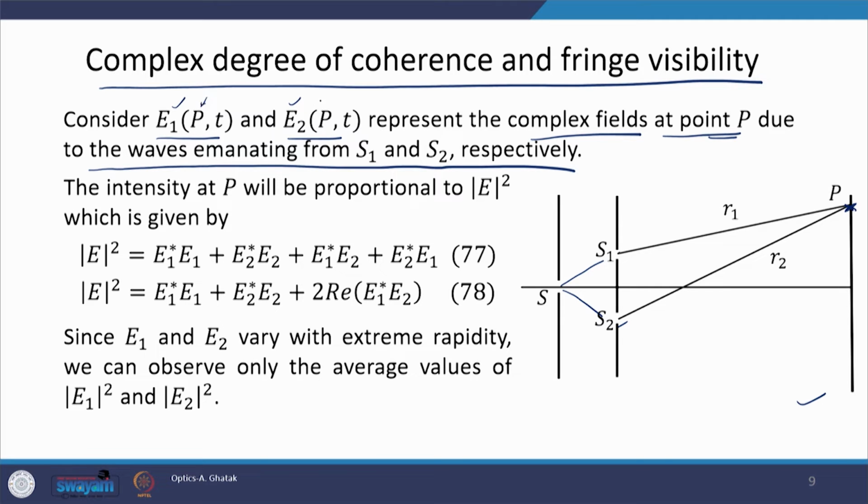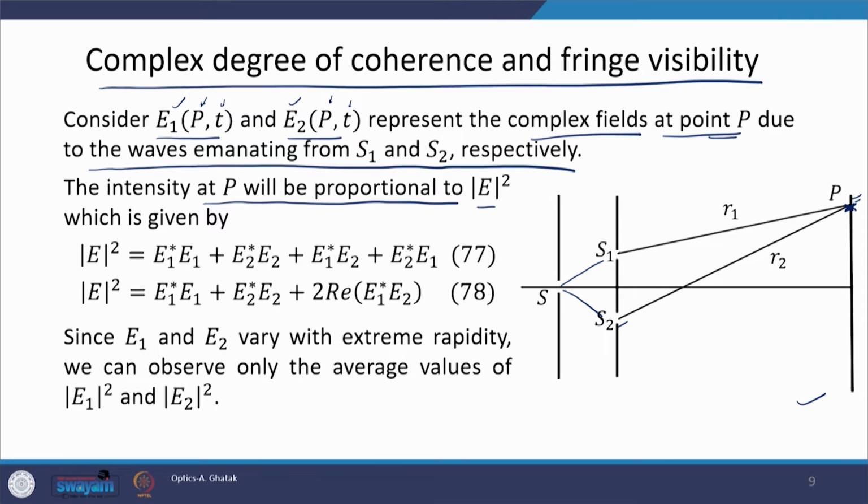P is a position, the same point on the screen, and T is the time at which the fields are observed. Therefore, the intensity at P will be proportional to mod of E squared, where E is the superposition of the two complex fields E1 and E2.